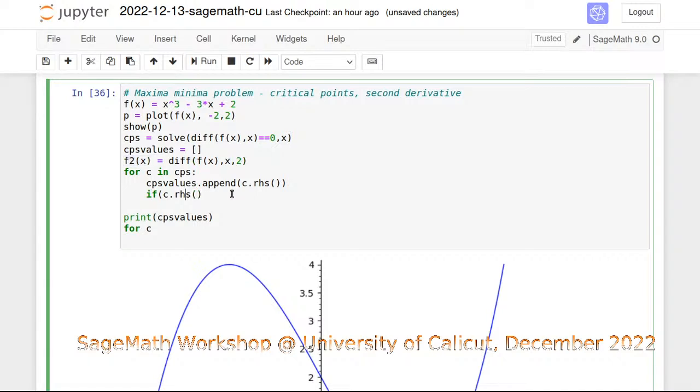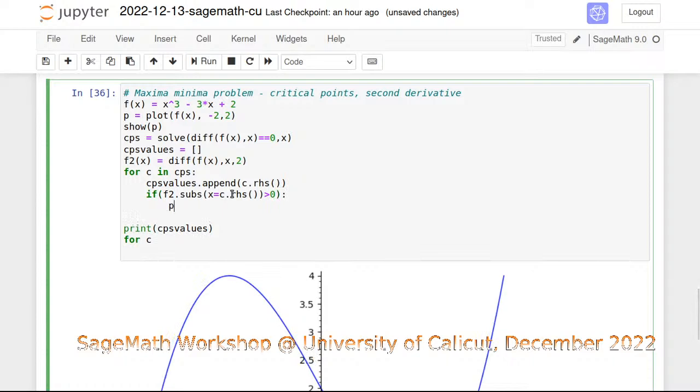If f2 dot subs x equal to c dot RHS, where c is the first root, this is how we are supposed to do it. If this is greater than 0, then f has a minimum.